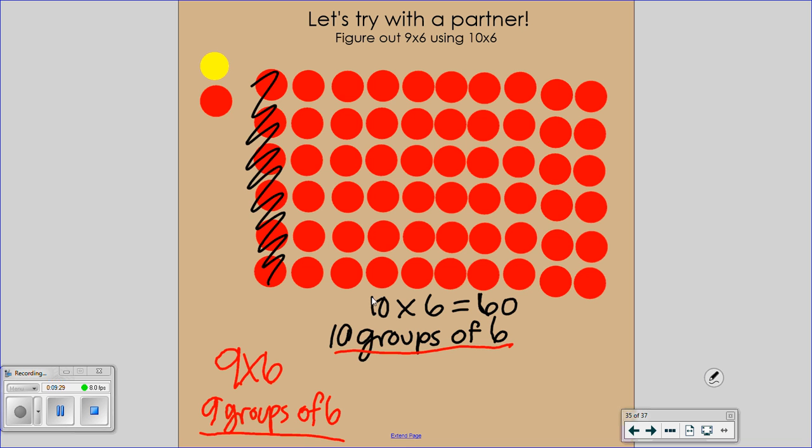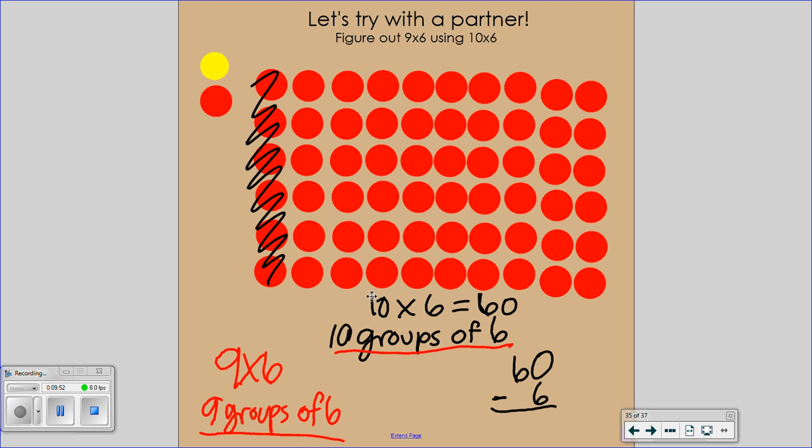I could count all those pieces, but I'm going to use what Lucy just said to figure out what is 9 times 6. I started with 60. I'm taking away one group of 6. So I'm going to just count backwards, so that's not a big subtraction.